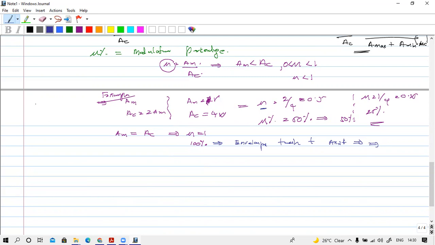That means the carrier amplitude should be greater than the modulating signal, the information message signal amplitude. So mu should always be less than 1. This is the guaranteed value for mu, so this mu is very important.